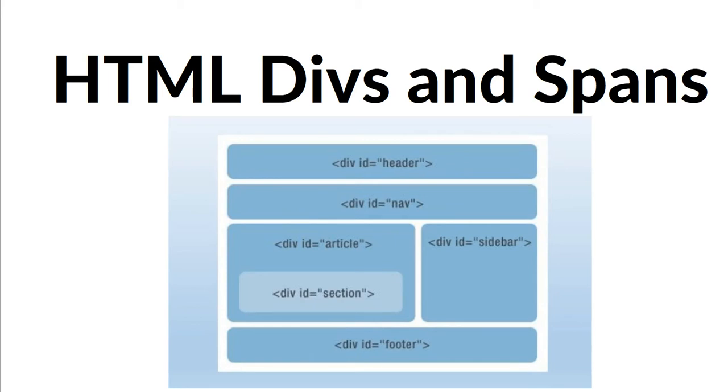Divs and spans don't do anything on their own, but we add things to them like text and images, and they let us position the text and images as we like. A good analogy of div and span is bags. Bags like handbags or backpacks are not very useful by themselves.